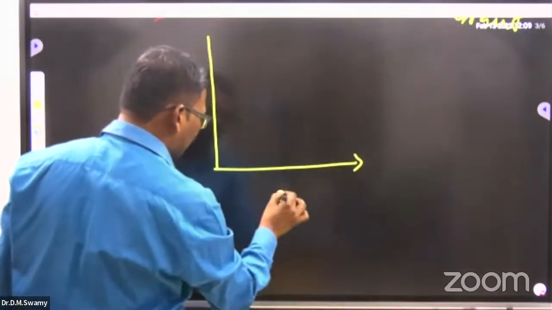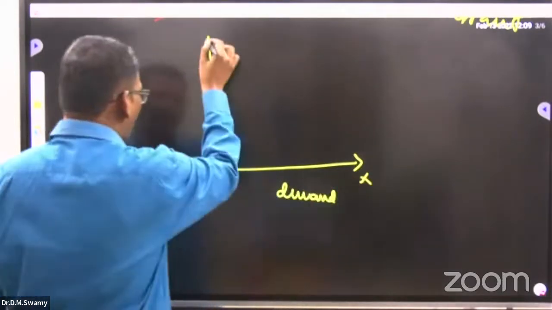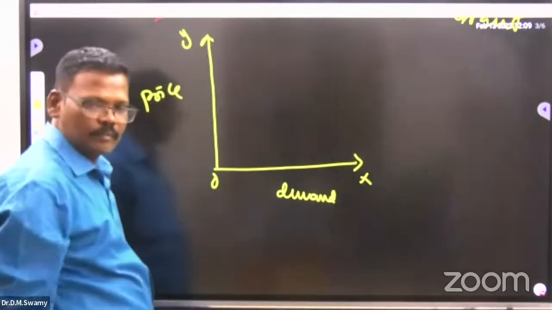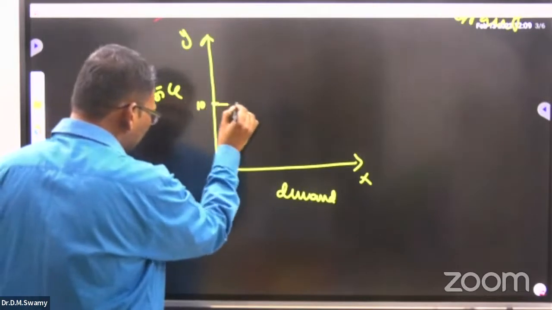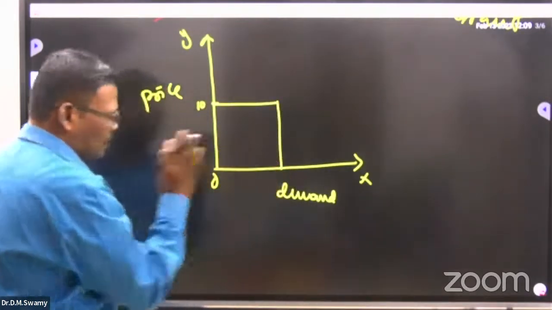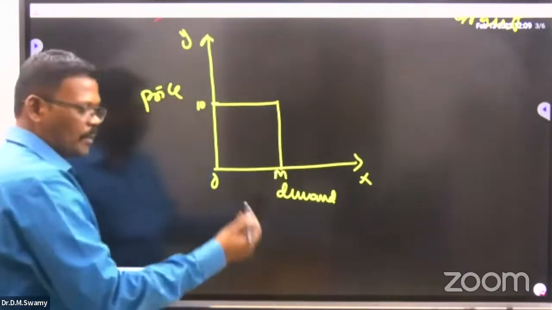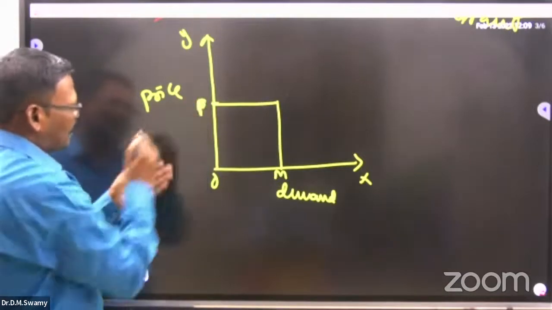Suppose on the OX axis we are measuring the demand, and on the OY axis we are measuring the price. Suppose OM is the demand for the commodity whenever this is the price.